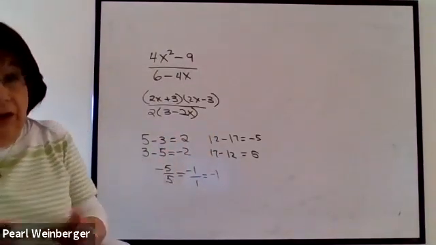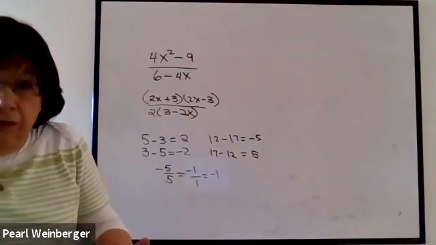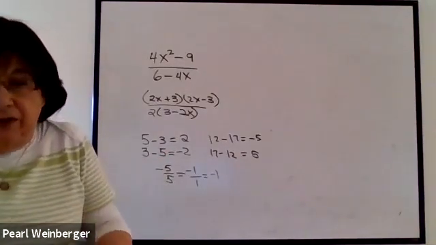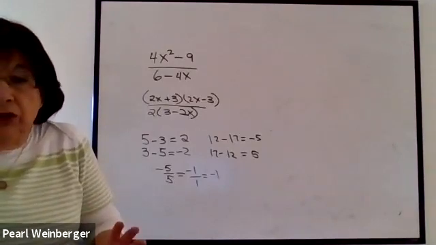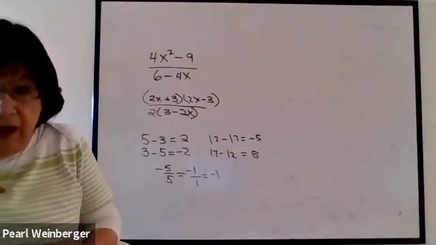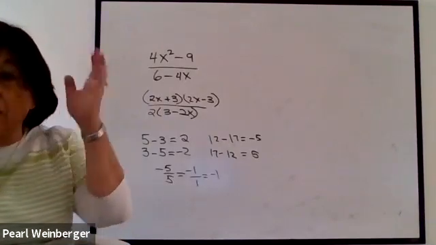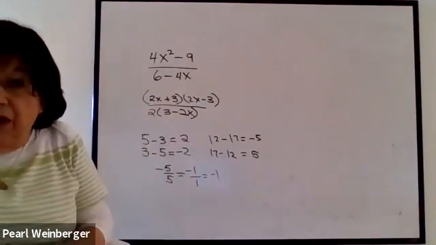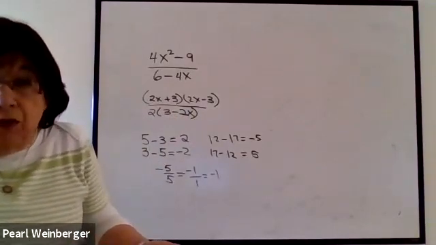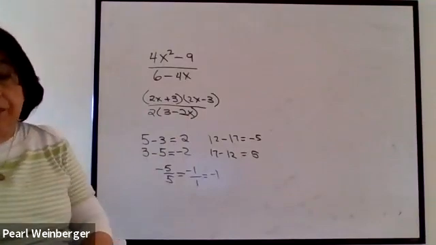In other words, if I have two numbers that are negatives of each other, they're the same numbers, but one is a positive and one is a negative, then it's possible to cancel them out in a fraction because you just get a -1 in your answer.